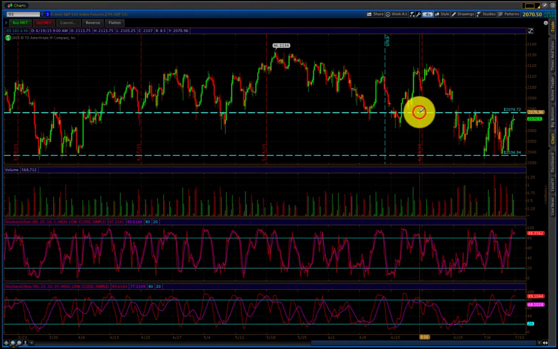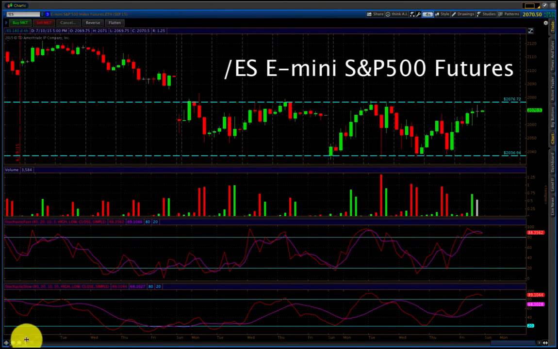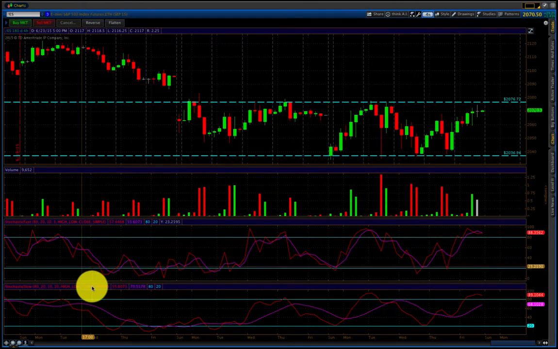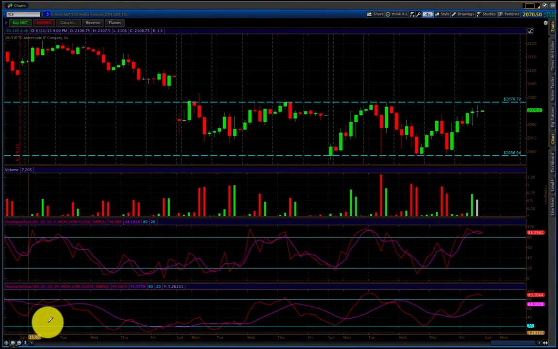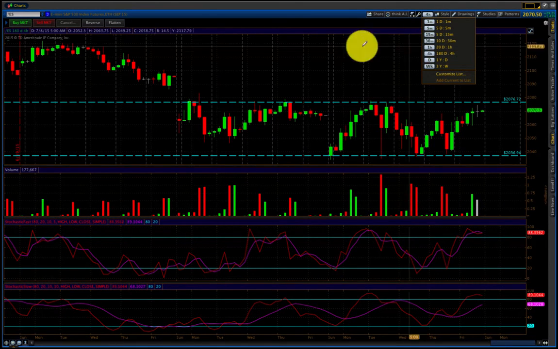How about just this section here? Okay, so here's 4 hours. Sunday, Monday, Tuesday, Wednesday. So here's 3 weeks. And again, downtrend, 4 hour.